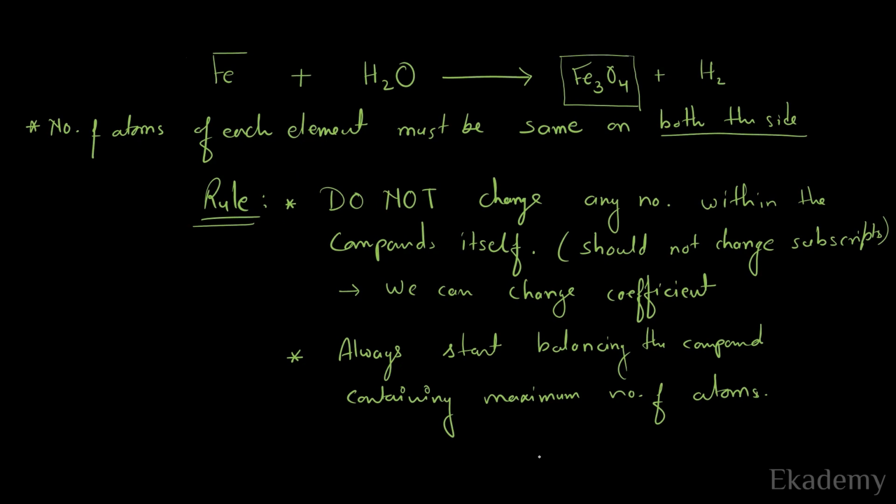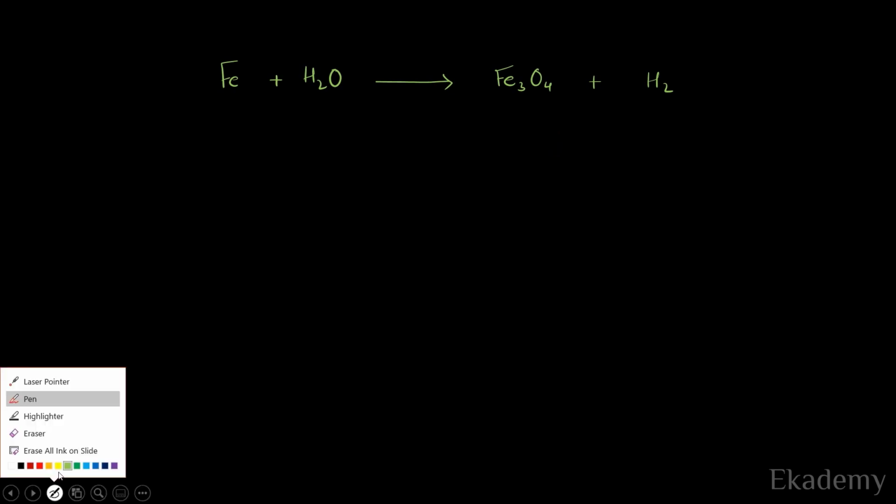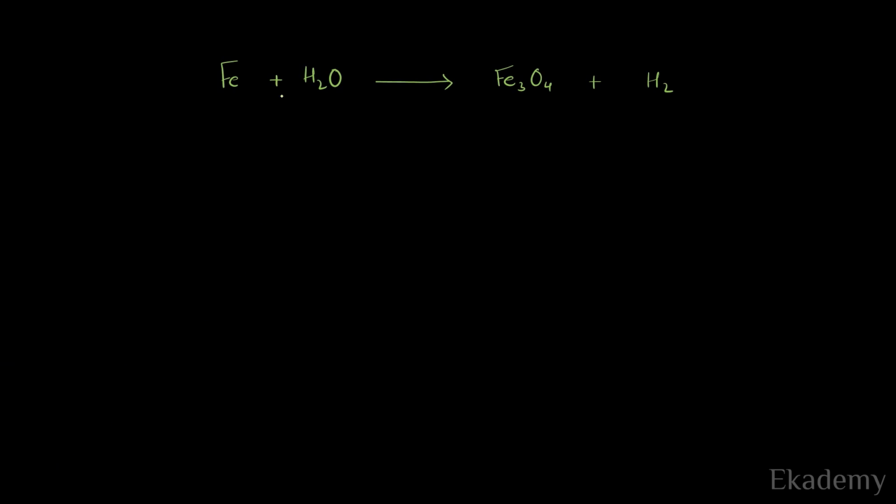So again, on the next page, we will write that equation again. Fe plus H2O, and then write the products Fe3O4 plus hydrogen gas. So before balancing, what we are going to do is draw boxes. We are going to enclose all these reactants inside boxes.